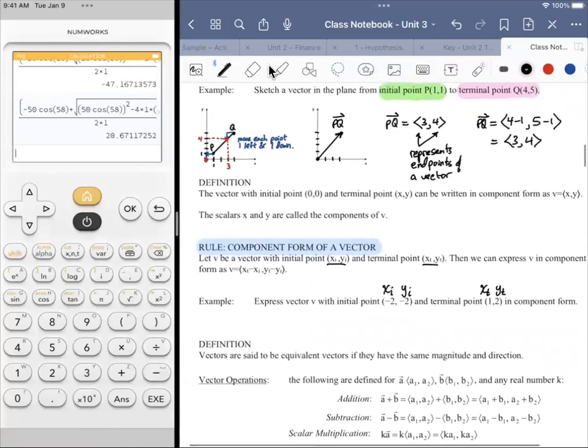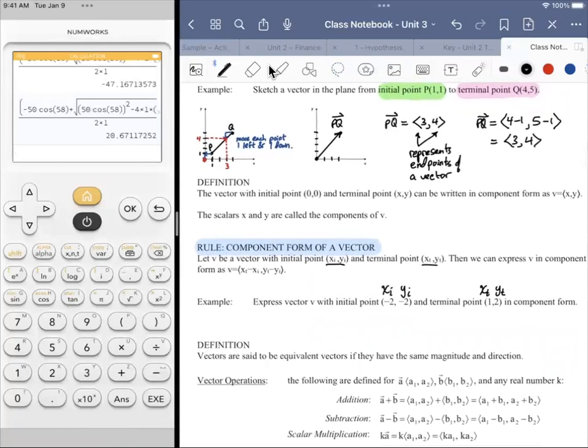Typically, with unnamed points, in the previous one it was point P to point Q, so we just call it vector PQ. But sometimes they just give you the points. In that case, we just go with V for vector.